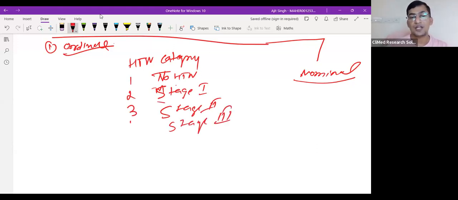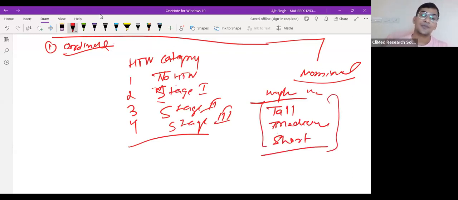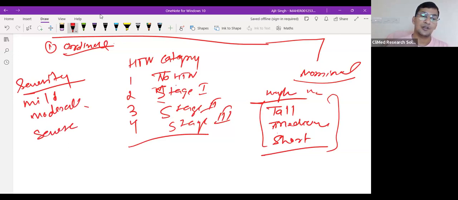Height, not in meters, we can categorize as tall, medium, and short. And severity of the disease: mild, moderate, and severe.